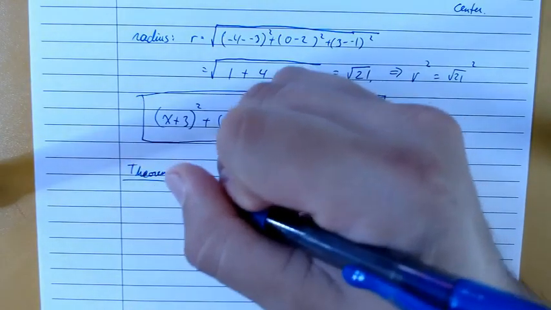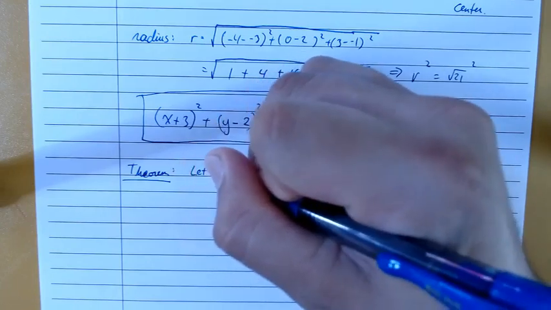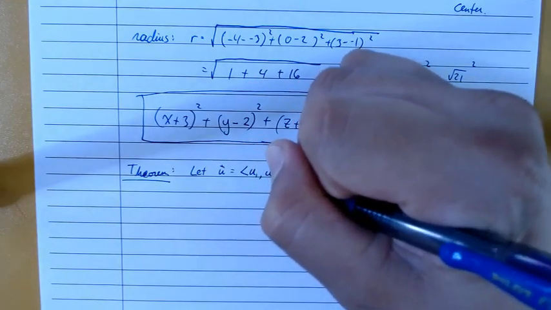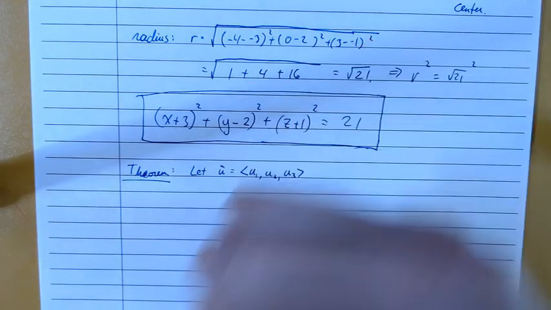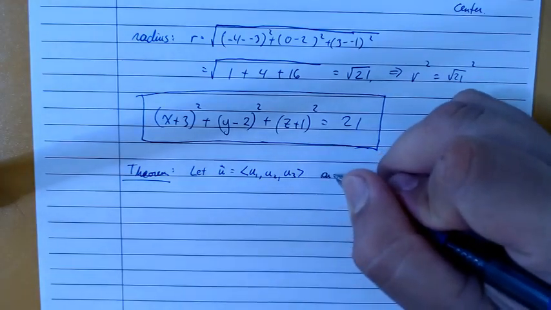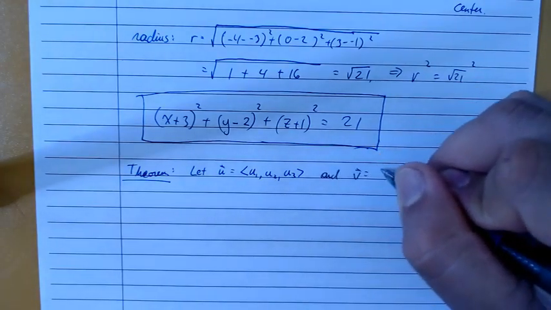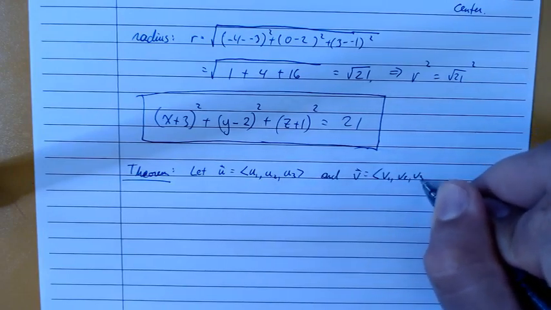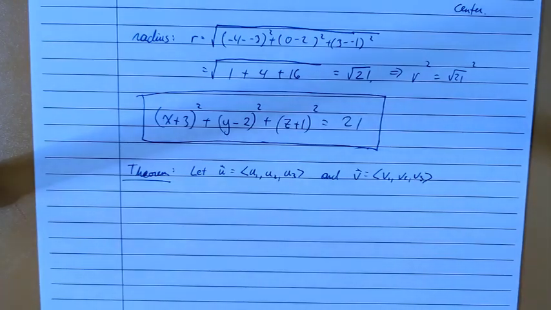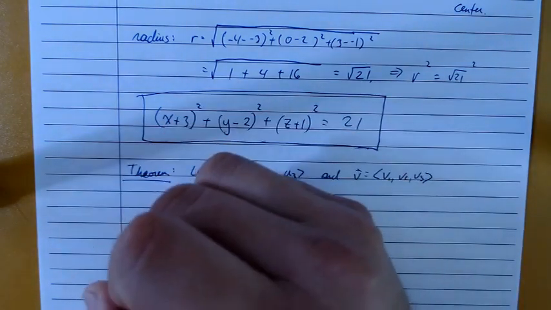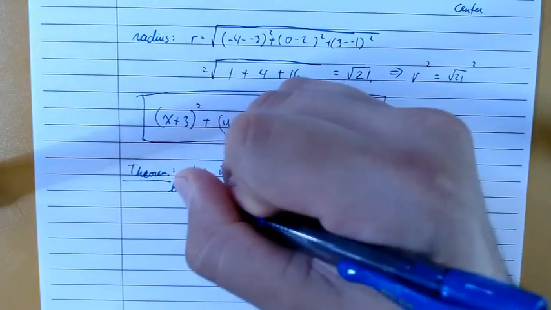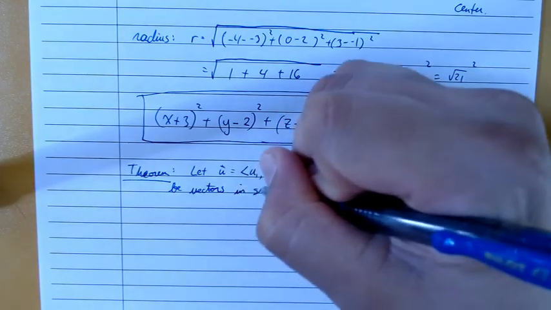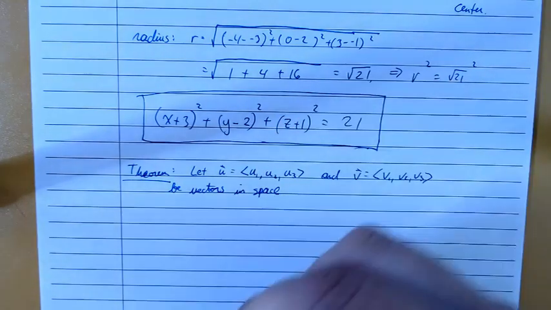All right, so theorem. Let's begin with a vector u in 3 dimensions. Here we'll give it in component form as u1, u2, and u3. And v is given by the vector v1, v2, v3 in component form. So let's let those be vectors in space, and let's have a scalar c.